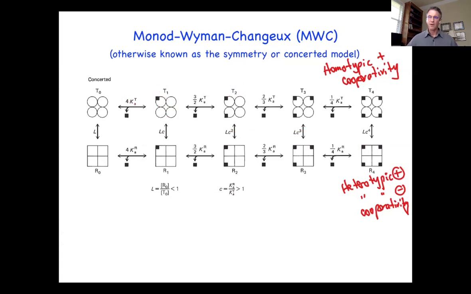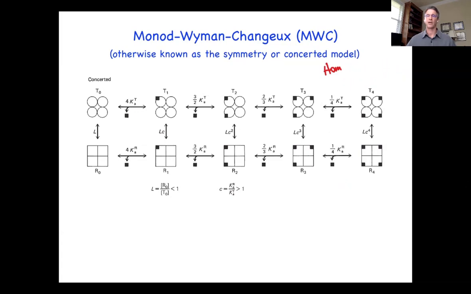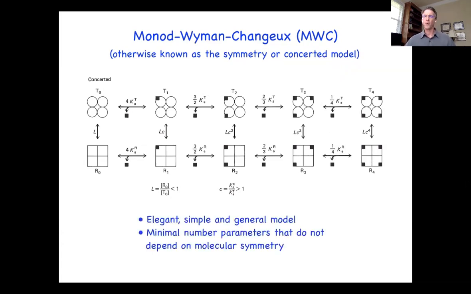Okay, so that's pretty good. One of the other super nice things, in addition to the fact that MWC can explain homotypic positive and negative and all this other stuff, is that it's a really simple model, right? If you actually go through the mathematics, the form of the equation you get out from an MWC model is independent of molecular symmetry.